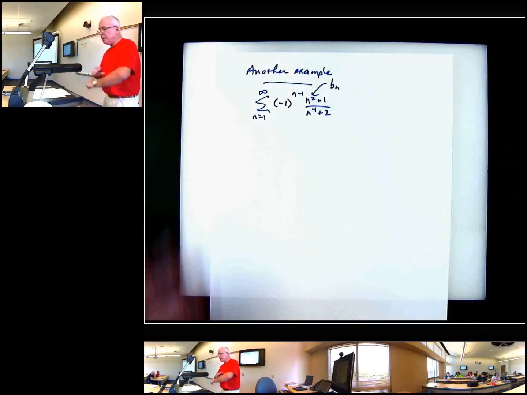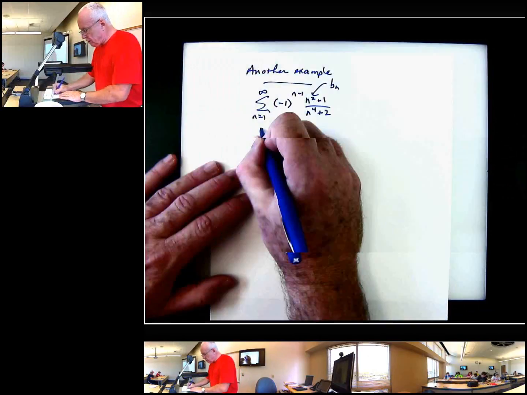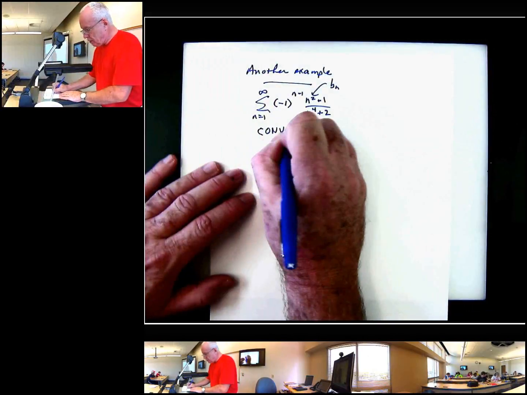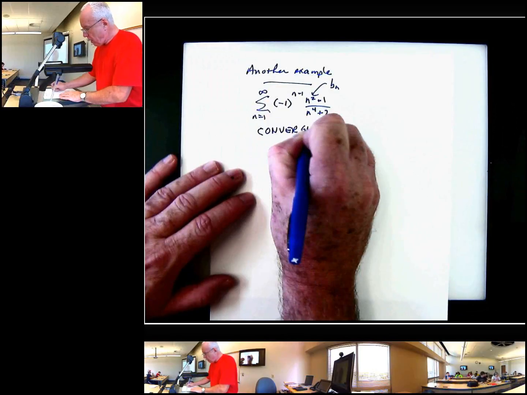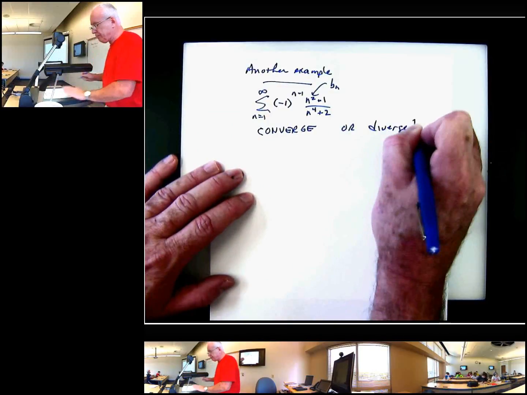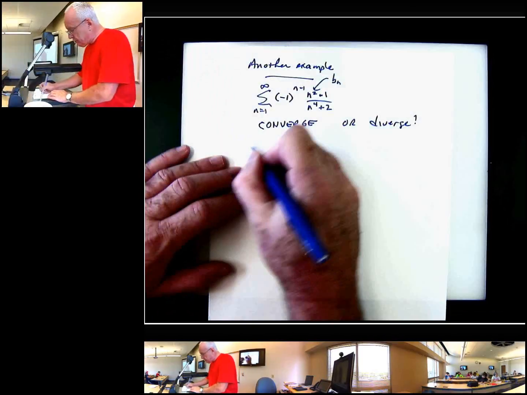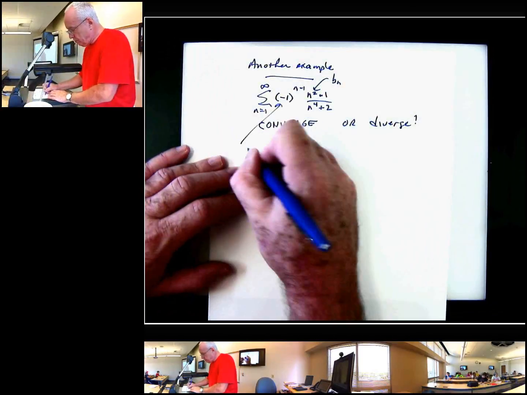Okay, let's have something like that. And so we want to know, does it converge or diverge? What does it do? All right. So we know it's an alternating series because of the -1.